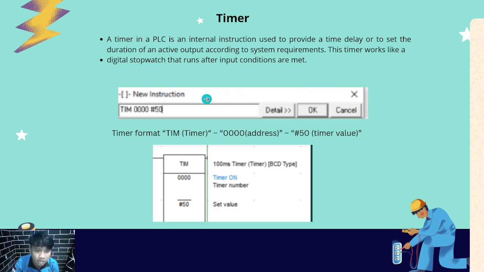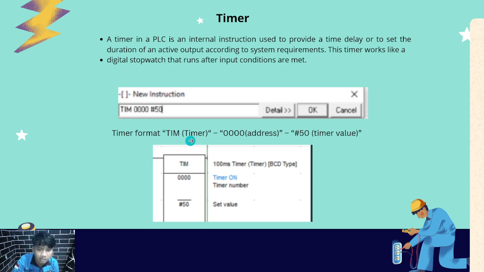A new instruction, the view in timer, at time 0000, hashtag 50, then click OK.